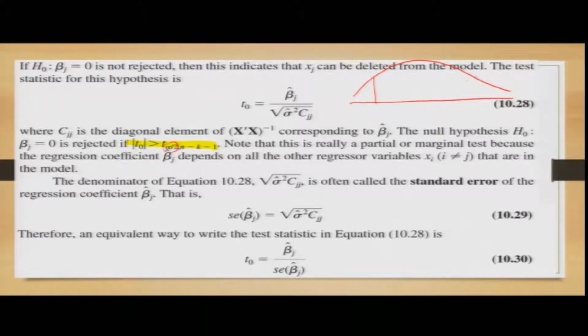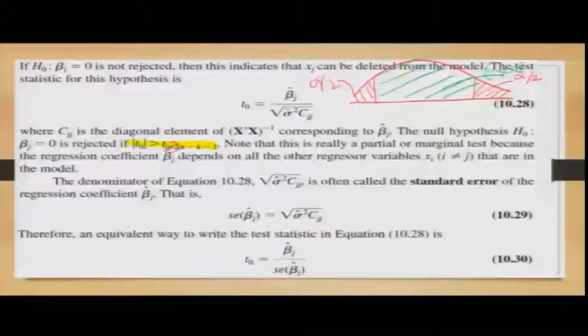So, these are the intervals: this value should be equal to alpha by 2, this value equal to alpha by 2, and the region in between, this region, would be equal to 1 minus alpha, sorry, my mistake, 1 minus alpha. So, 1 minus alpha plus alpha by 2 plus alpha by 2, the total area is 1, as it should be.